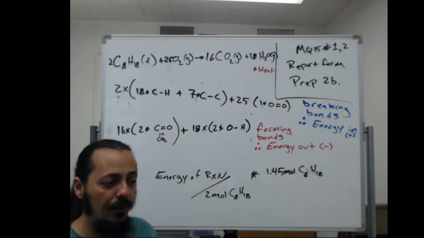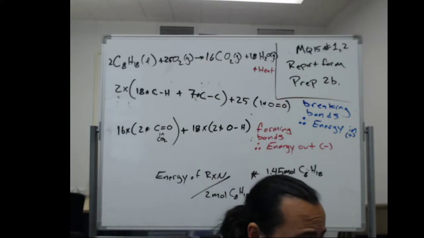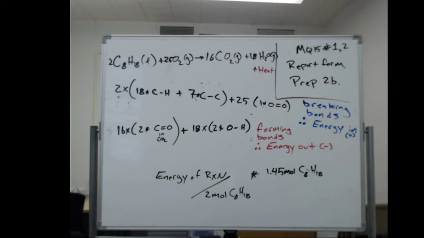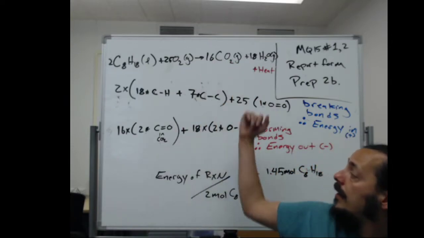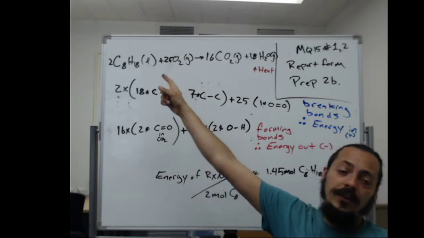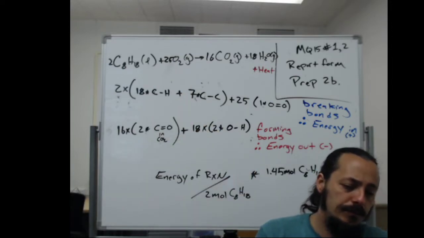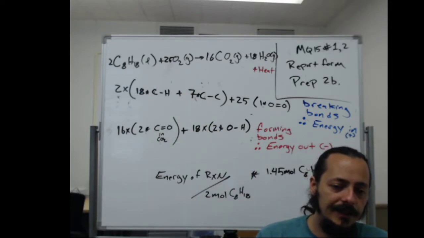Let me take a look at question 2 and make sure that this is the same way. So balance the combustion of ethanol, which gives you the equation. Estimate the enthalpy change for the combustion of 1.16 moles of ethanol. So question 2 actually turns out to be the exact same process, just with a different material being reacted.